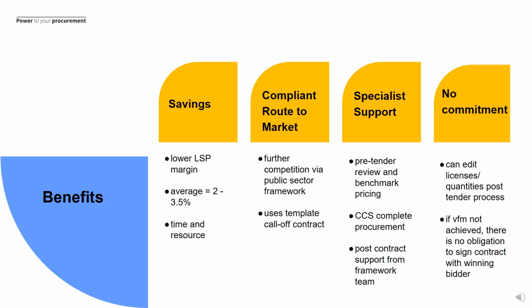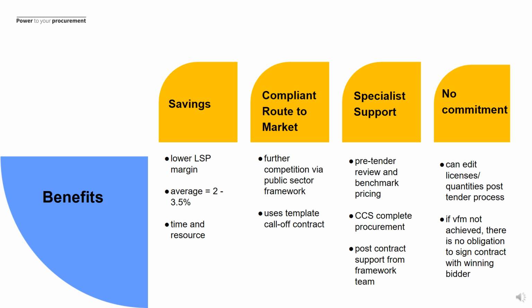When we're talking about savings, we measure against current market pricing. We don't measure against the previous prices a customer might have agreed 3 years previously for their current enterprise agreement with Microsoft, for example. So these are savings you may have made compared to going to market at this point in time as a single entity.